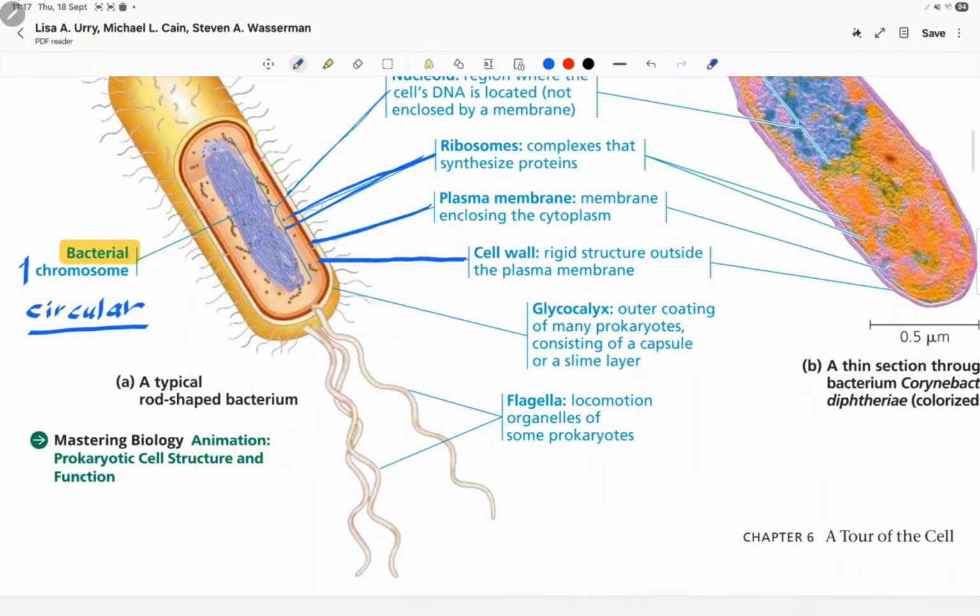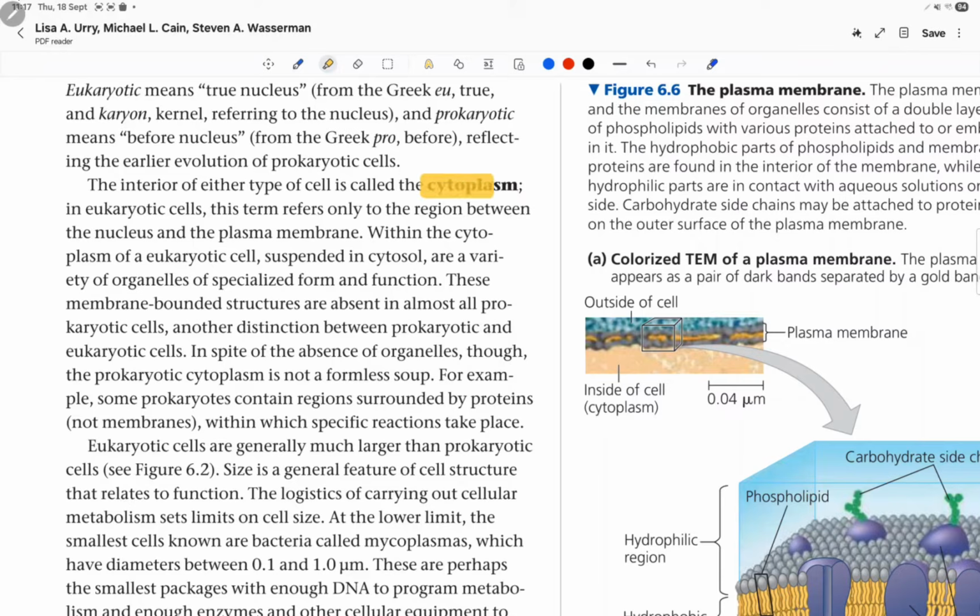And they can also move by flagella. Locomotion means movement, basically. So the cytoplasm is going to be that place where the organelles are suspended. Organelles are found in the cytoplasm. If it's a eukaryote, they're called membrane-bound organelles. If it's a prokaryote, they don't have that name anymore because they don't have any membranes. Okay?